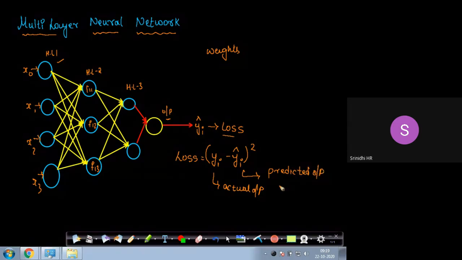So what is my main ultimate goal? I have to adjust my yi cap in such a way that yi cap is approximately equal to yi. So I have to decrease this loss.